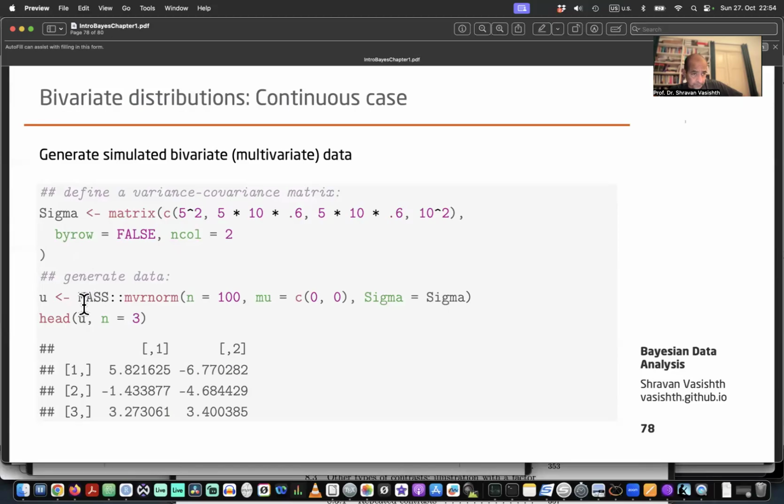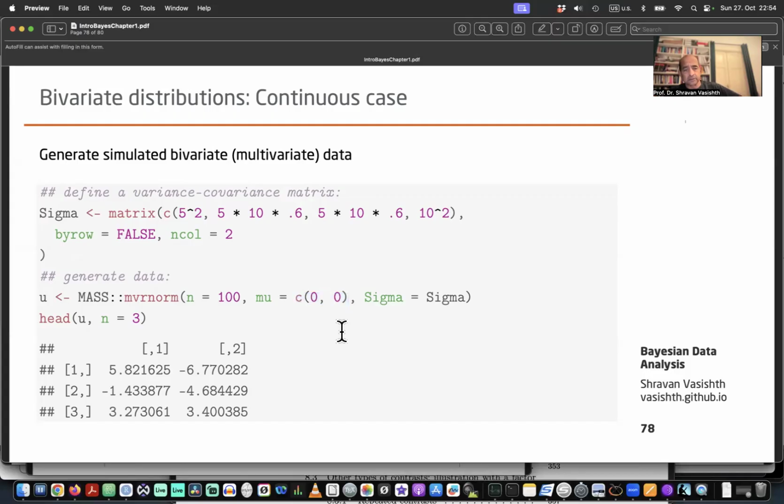So having installed the MASS package, there's a function in it called mvrnorm. It generates random, normally distributed multivariate data with arbitrary dimensions. So in this case, we are generating data from 2 dimensions.